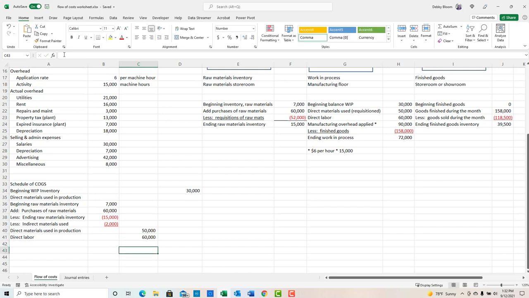And then to that we're going to add our manufacturing overhead applied, and that number is 90,000. Now what we're going to do is add the 3 together, and we're going to add all of our manufacturing costs added to production.